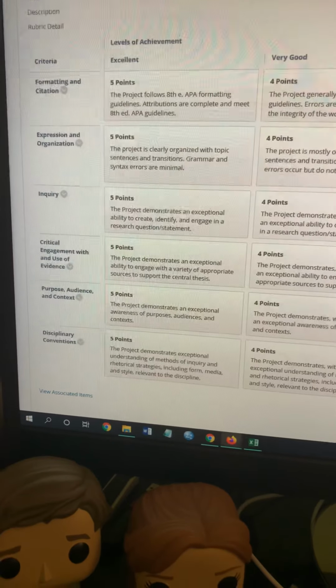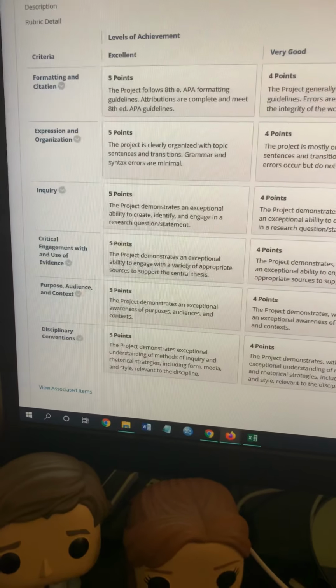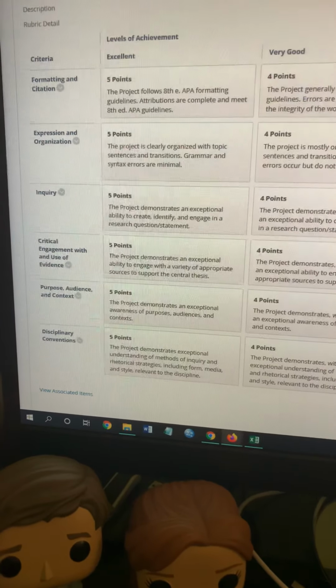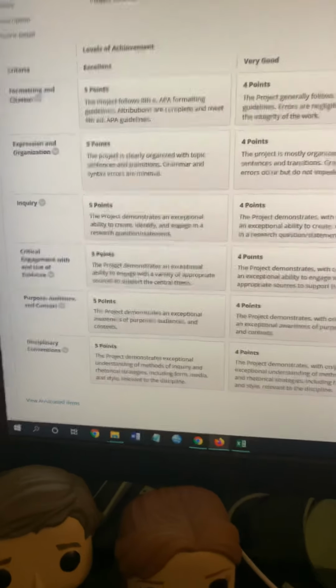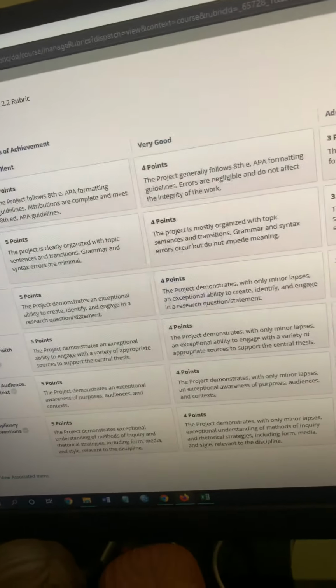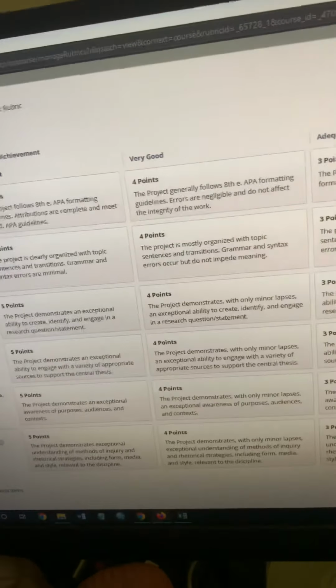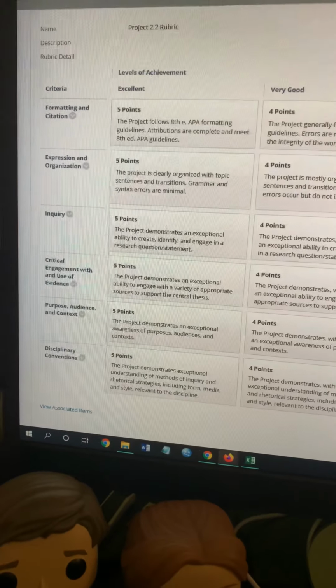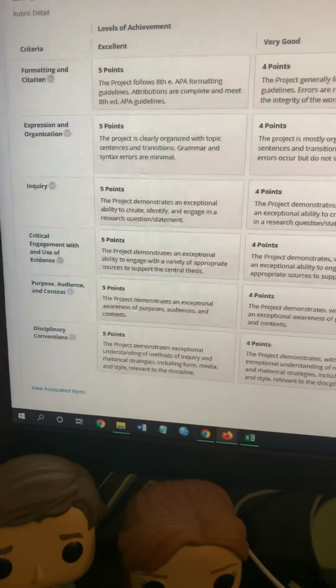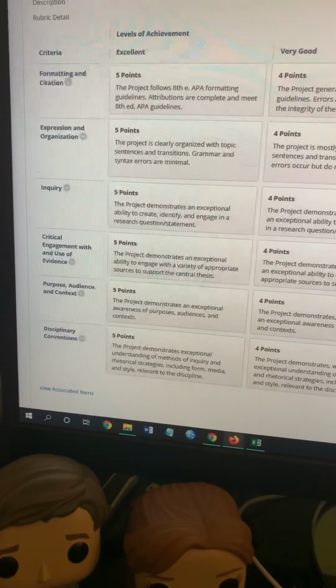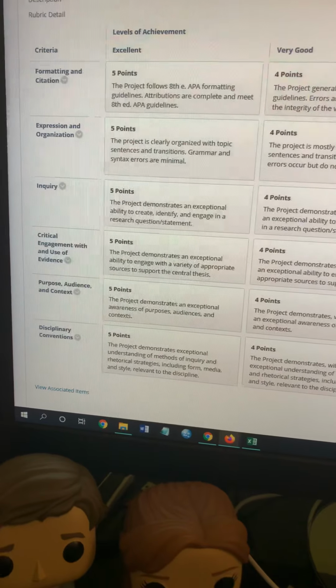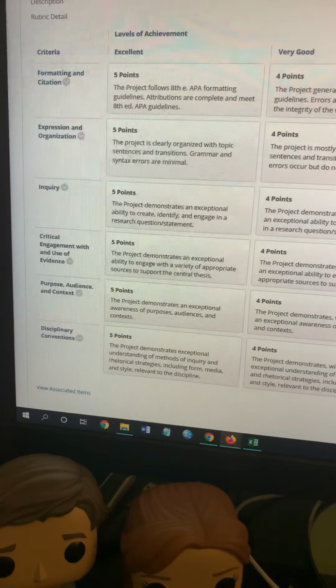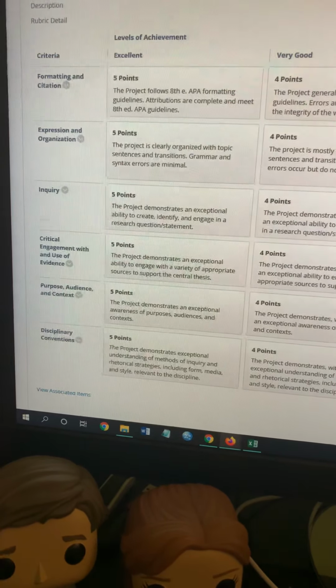You just want that kind of language that says, here's how these two things are connected. Here's why I'm putting this. The transitions are to help your reader follow you from where you were to where you're going. So, you want to be clearly connecting those ideas.